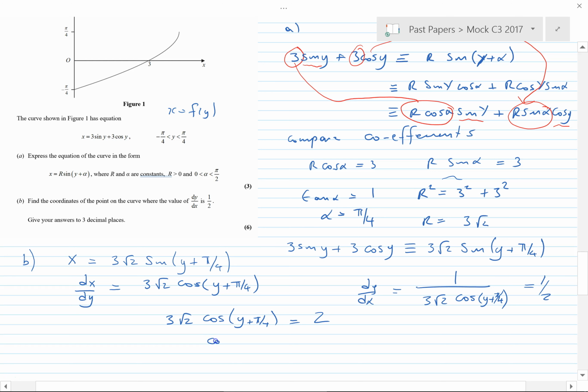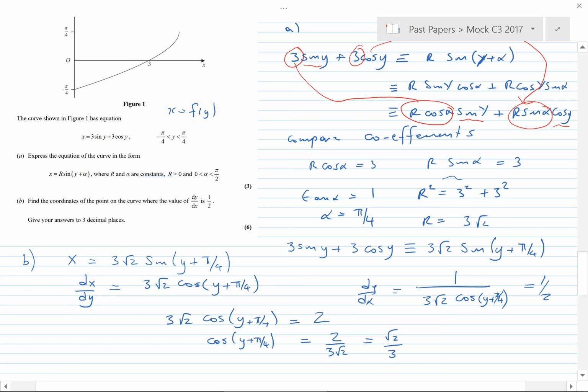So now it's just a case of solving that equation. Dividing through to make it just a number on the right hand side. That's 2 over 3 the square root of 2, which is actually equal to the square root of 2 over 3.